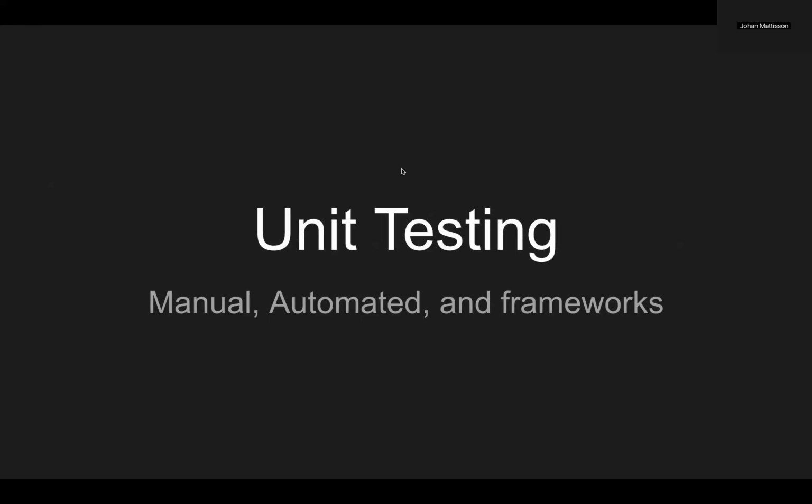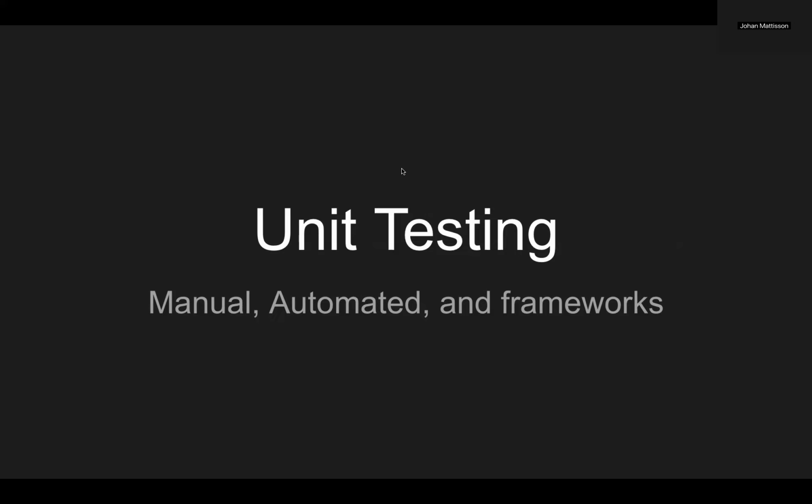All right, unit testing. If you remember from last lecture, we talked about something called system under test, like a unit. What is a unit? A unit can be a function, can be a method. That's the smallest part of it. Can be a class also. It depends what the unit is.